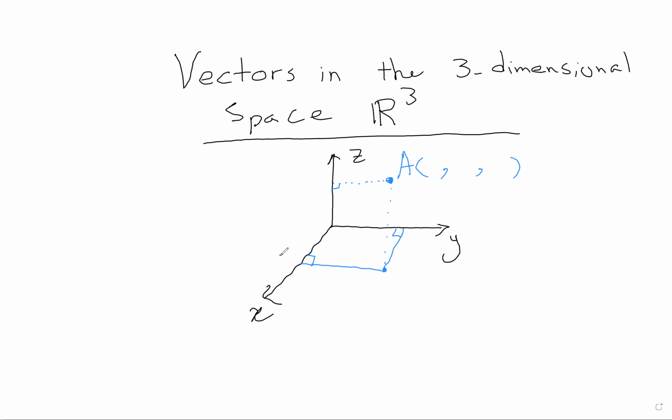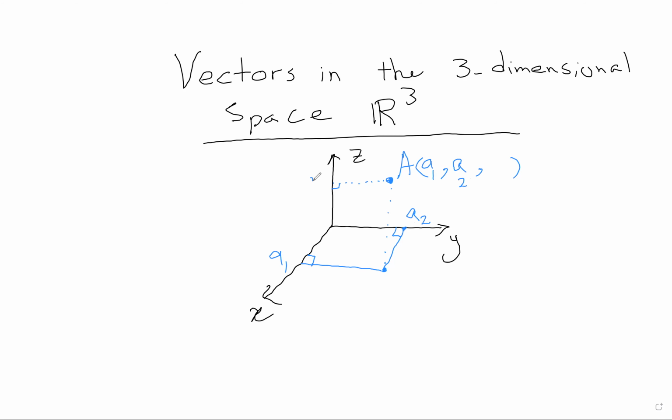What I have here is A1. In this picture, A1 is positive because it is in the positive direction of the X-axis, but if it falls on the other side of the origin, A1 would be negative. So this is A1. This number here is A2.